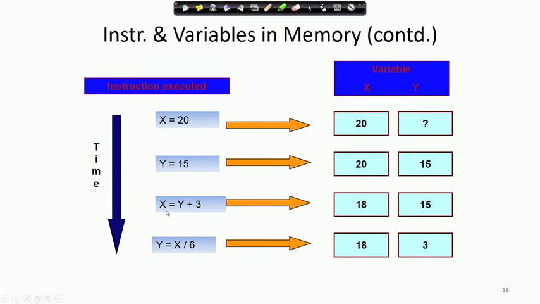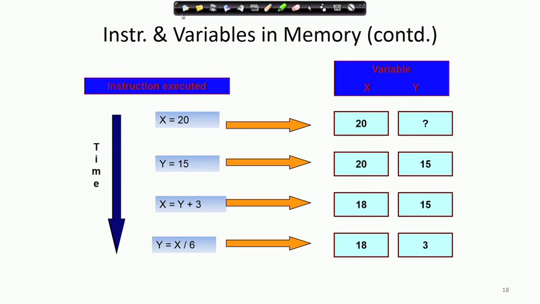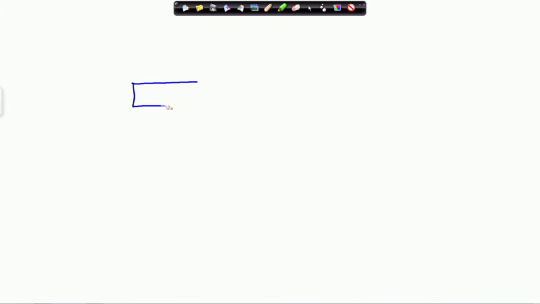Now, what am I doing in the third step? I am doing x assigned y plus 3, just as I had explained in the last slide just now, that I will be actually taking the content of y, whatever y was, it was 15 or something.